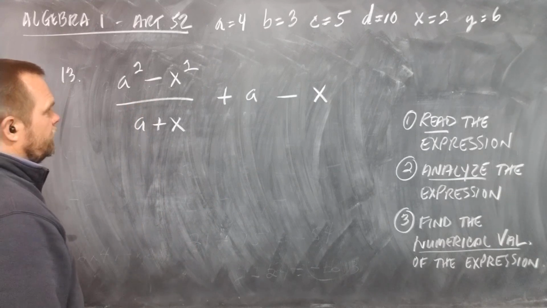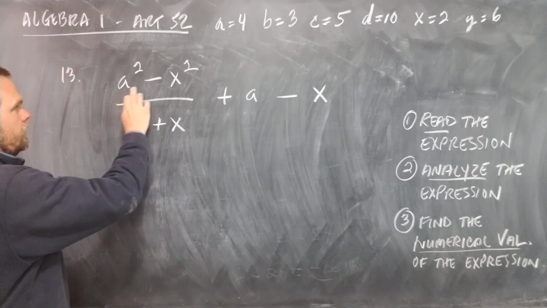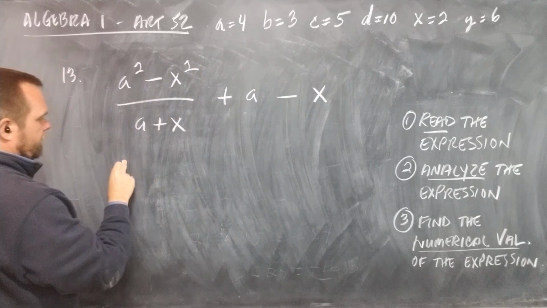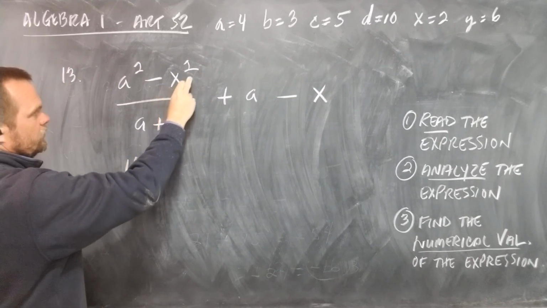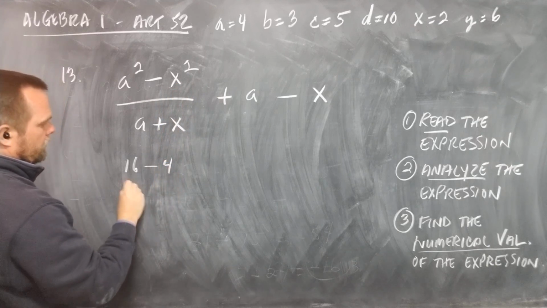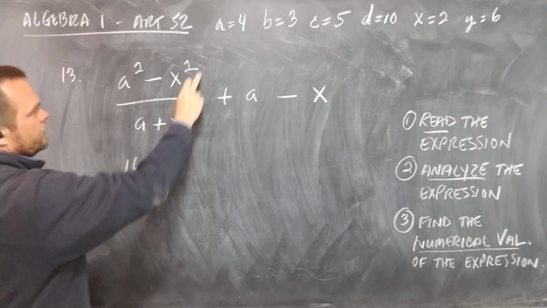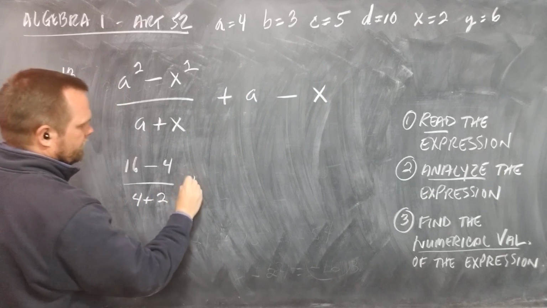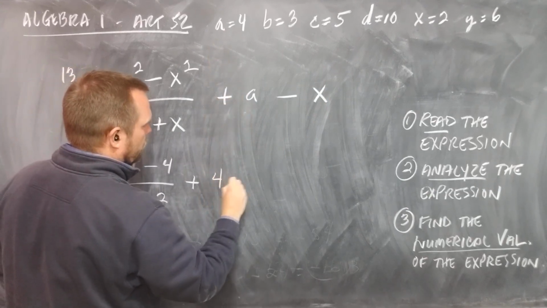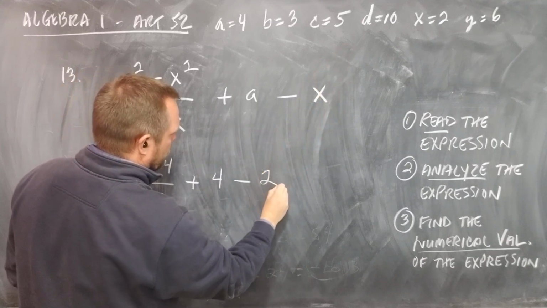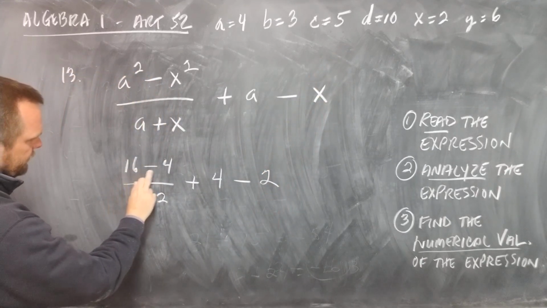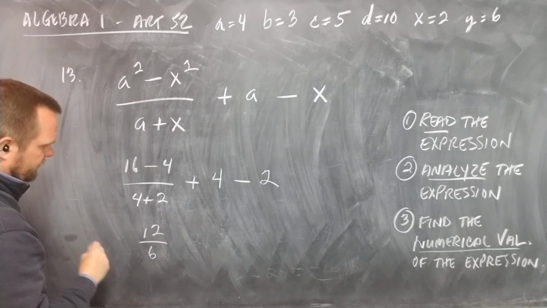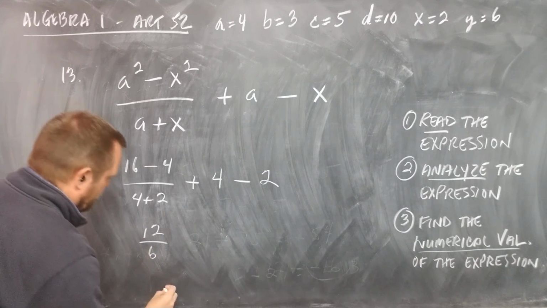Let's find the value of this first term. A squared minus x squared. 4 squared minus 2 squared. 4 squared is 16, minus 2 squared would be 4, divided by a plus x, 4 plus 2, plus a, which is equal to 4, minus x, which is equal to 2. 16 minus 4 gives us 12. 4 plus 2 gives us 6. 12 divided by 6 is equal to 2.